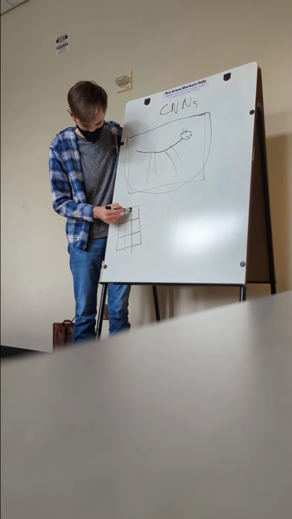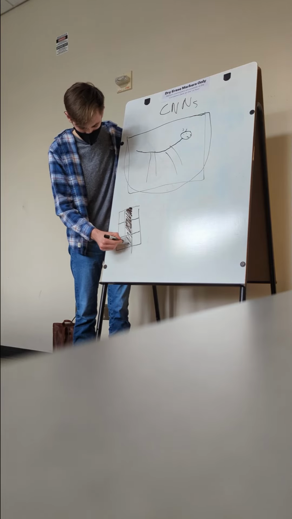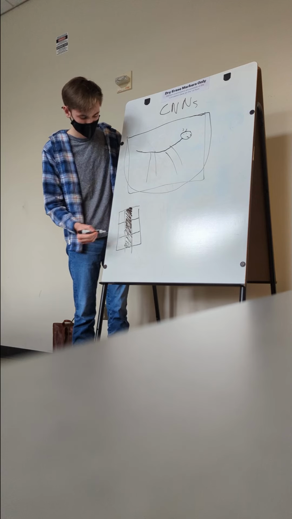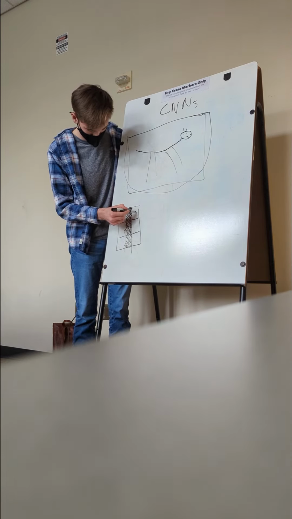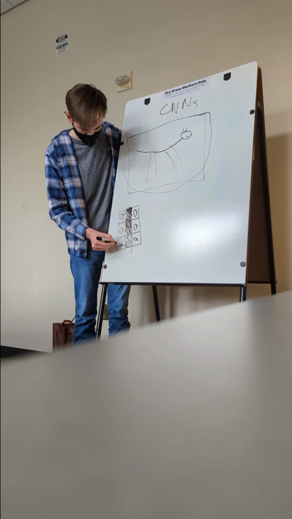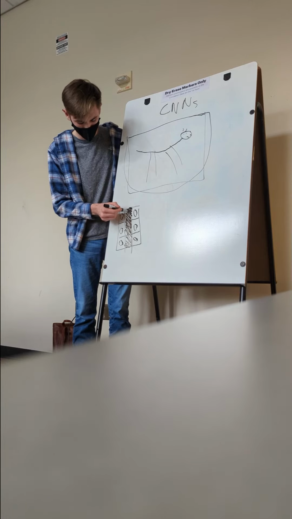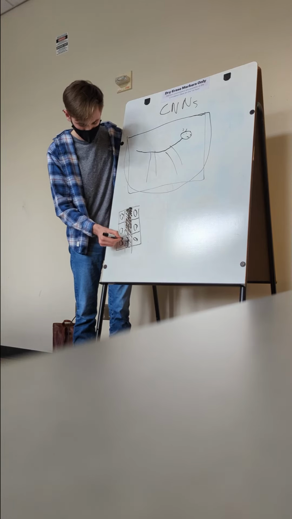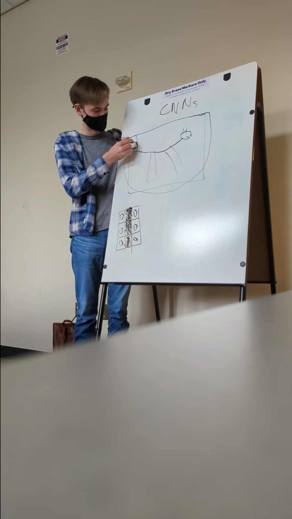We're going to make it try and find edges. Let's say we put zeros in all these cells, and we'll put ones in these cells. Then we'll put this filter right here on the image.